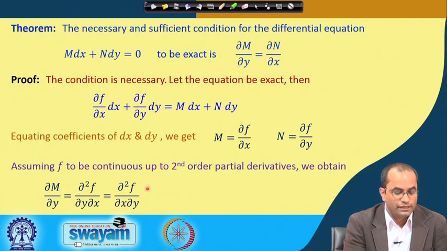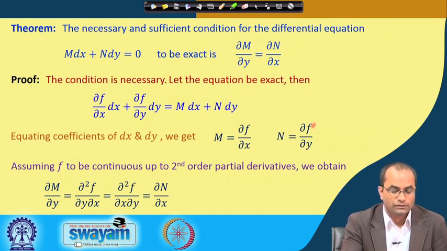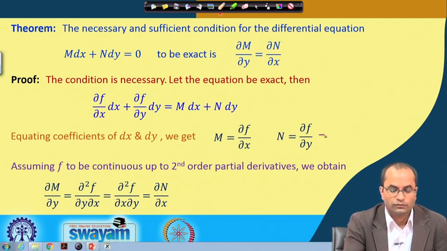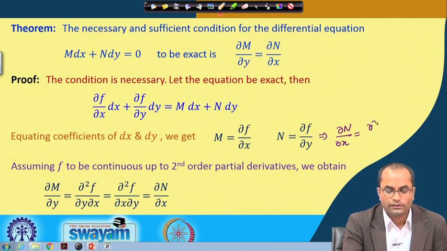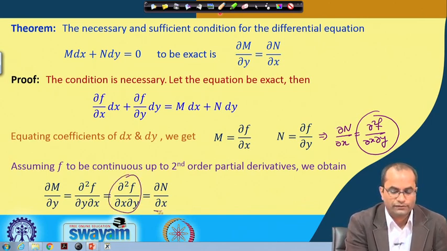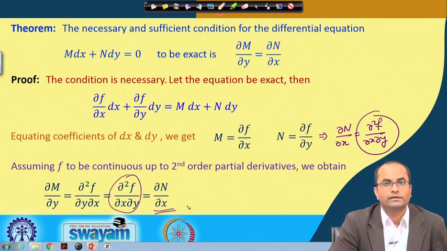So, here having this ∂²f/∂x∂y, we can now find that this is nothing but ∂n/∂x, because ∂n/∂x from here will be ∂²f/∂x∂y, and we have replaced this ∂²f/∂x∂y with ∂n/∂x.